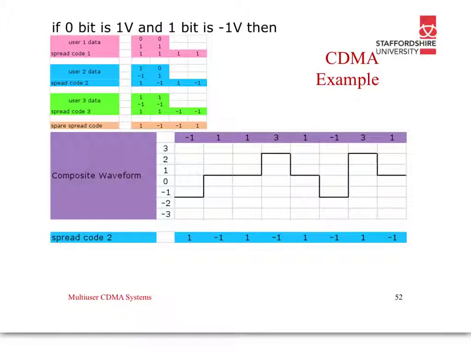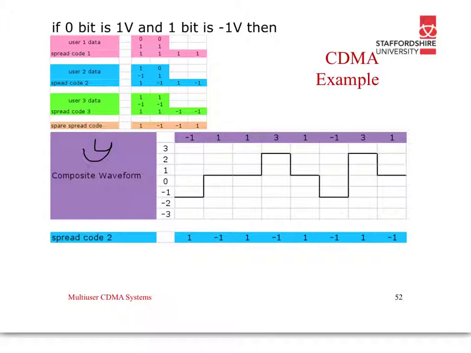So if we're in possession of spreading code 2 and we receive the composite waveform Y, then we obviously do the same procedure again. So 1 times minus 1 is minus 1. Minus 1 times 1 is minus 1. 1 times 1 is 1. Minus 1 times 3 is minus 3. 1 times 1 is 1. Minus 1 times minus 1 is plus 1. 1 times 3 is 3.